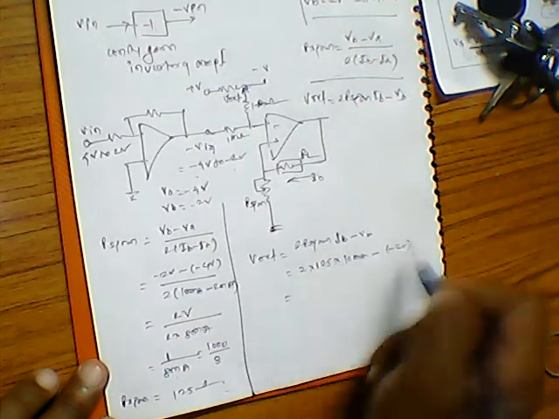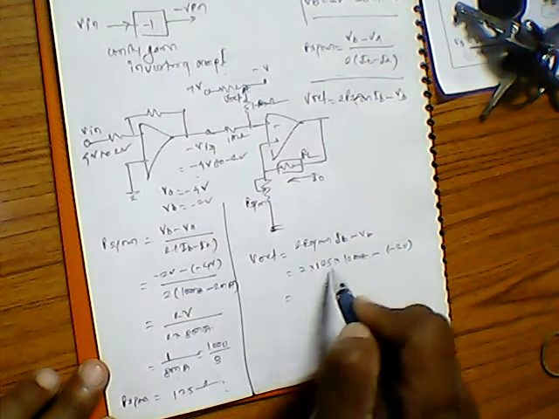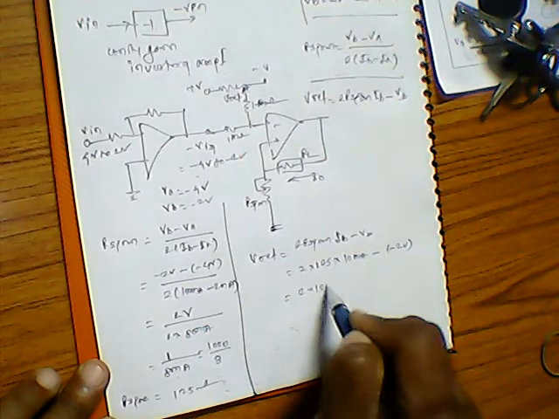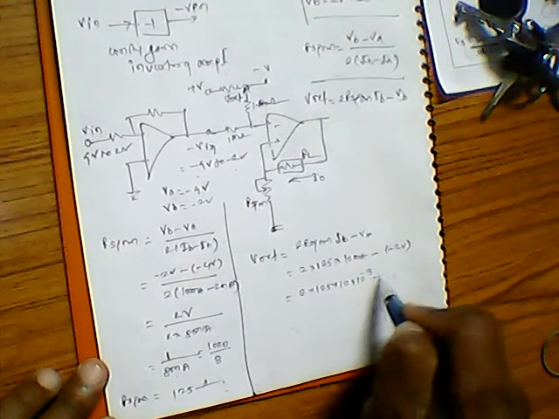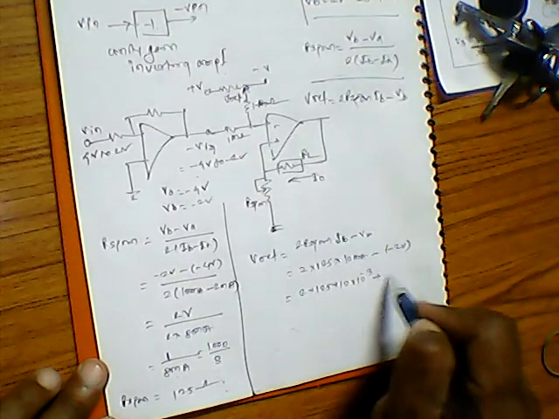So it is going to be 2 into 125 into 10 raised to minus 3, minus becomes plus 2 volt.